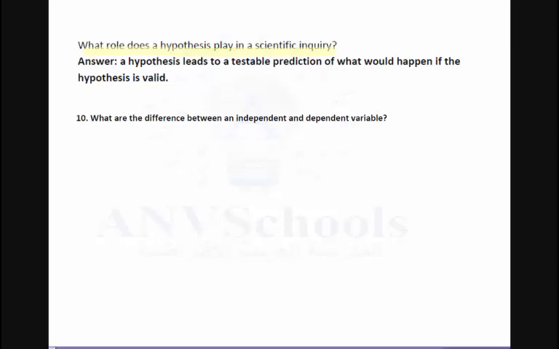First, a scientist gets a problem, and you have to come up with questions. Ask yourself, why, how did it happen, and so forth. After getting these questions, you will come up with hypotheses.